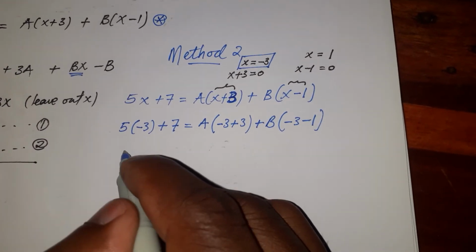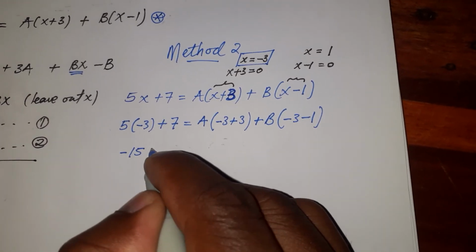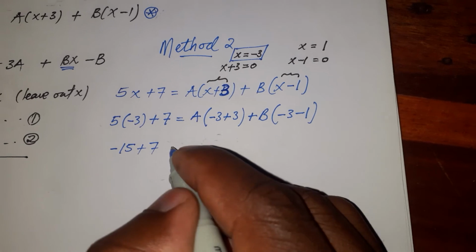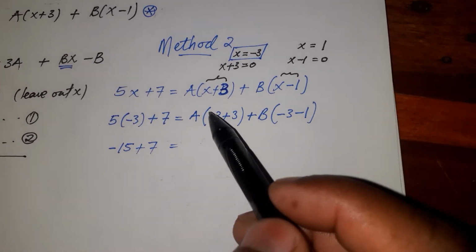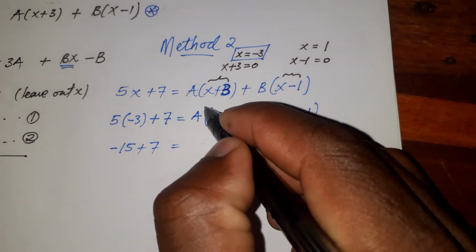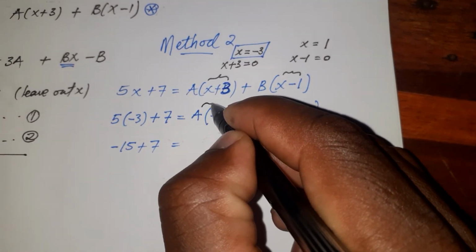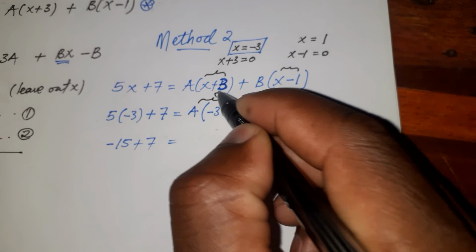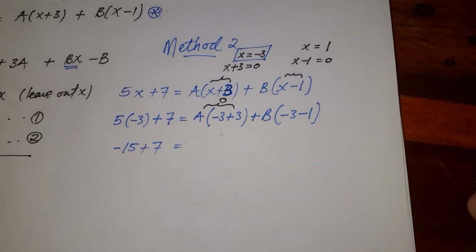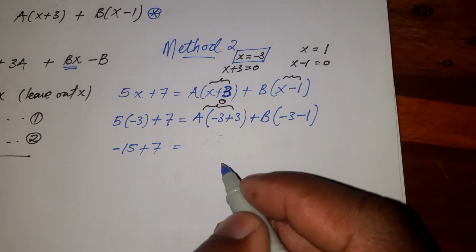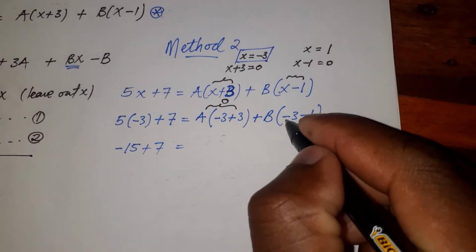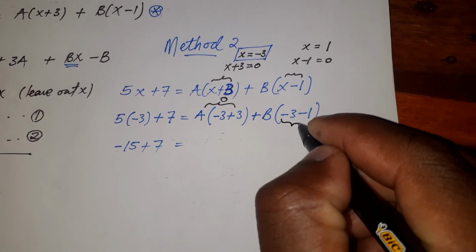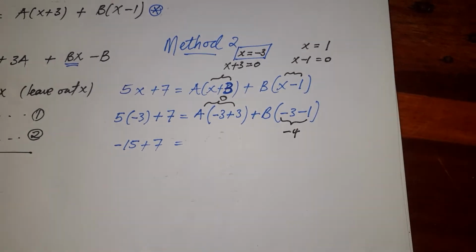Then here we are going to have negative 15 plus 7 equal to this. Negative 3 plus 3 will give us this part here. Everything will give us 0. Therefore, we don't need to write it. Then we come to b. This part here will give us negative 4.